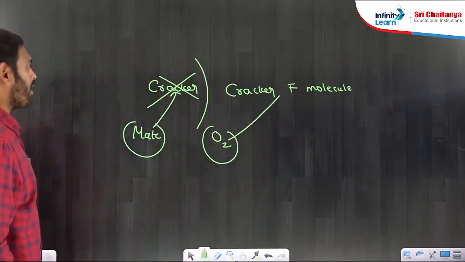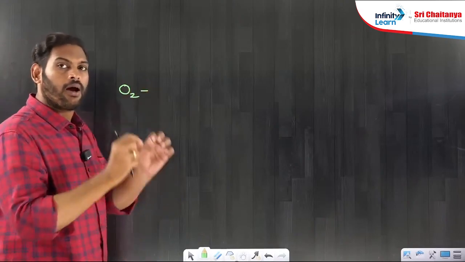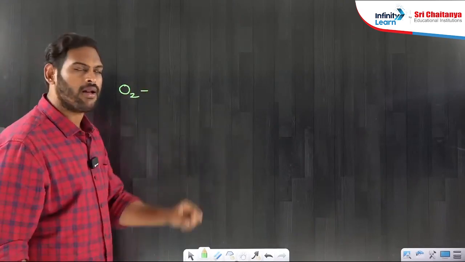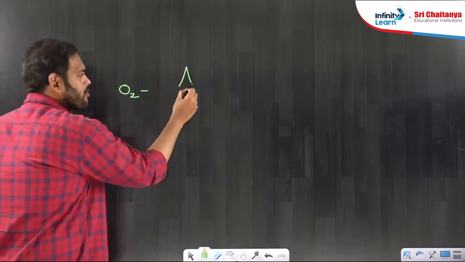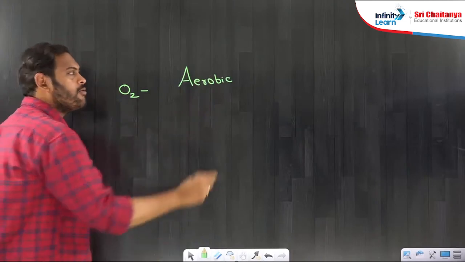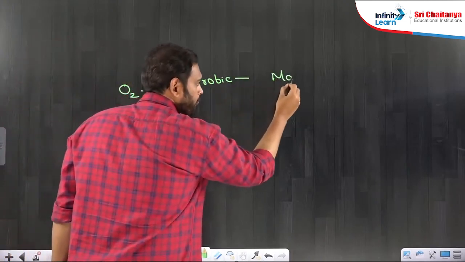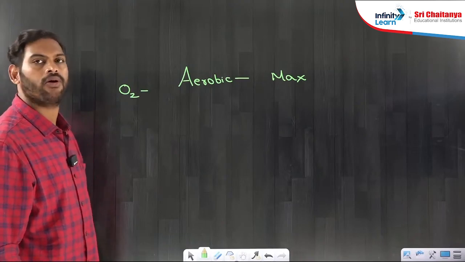Guys, in the presence of oxygen, food molecules could be completely oxidized to get the maximum amount of energy. You know that if you depend on oxygen for metabolic processes, such kind of respiration, we refer to that as aerobic. Aerobic process will give you the maximum amount of energy. But that was not always possible in every cell, we know.